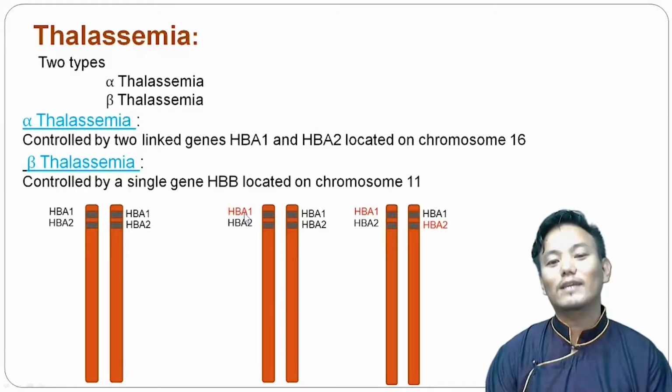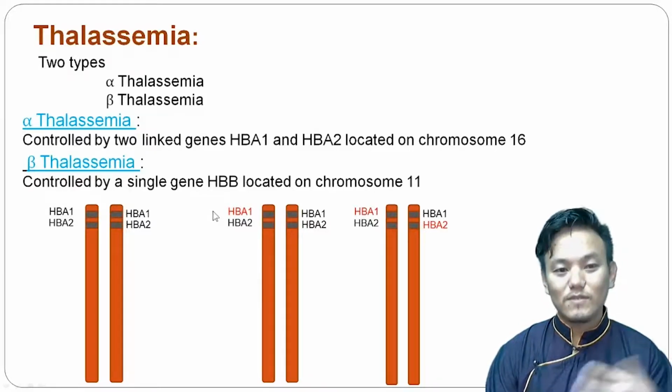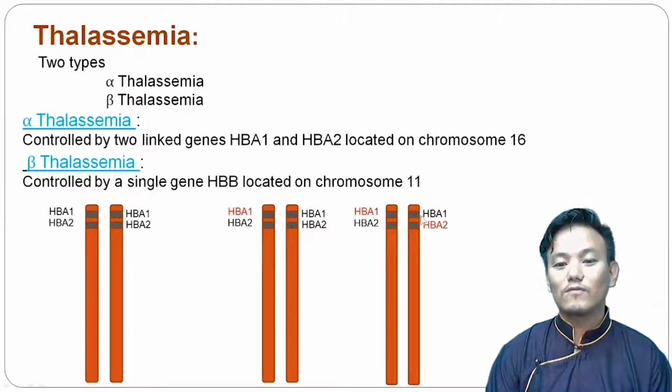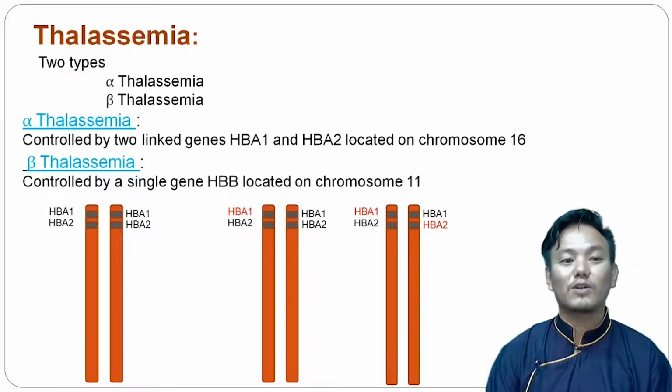If more alleles are mutated, the severity of the thalassemia will be more. If all these 4 alleles are mutated, that person will be suffering from the most severe form of thalassemia, because there will be a severe reduction in the production of alpha globin chains. That is why this effect is said to be quantitative.